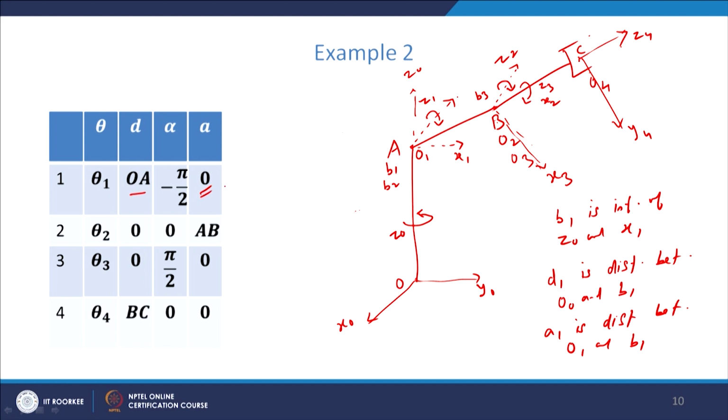So, like that we can fix, using this rule, all the parameters ai, di, theta i and alpha i. Here all the 4 joints are revolute joints, therefore, theta 1, theta 2, theta 3, theta 4, these are the variables in this system.